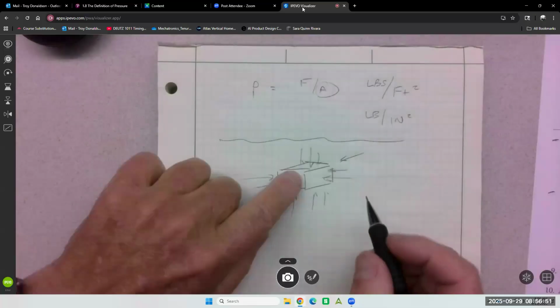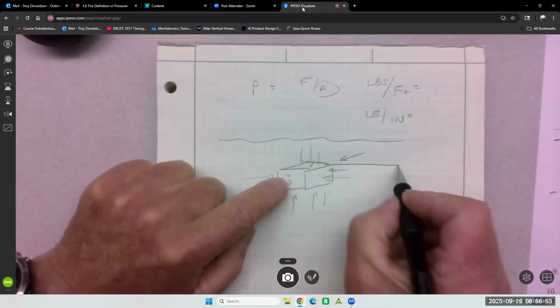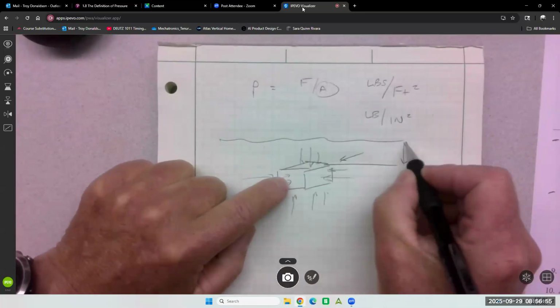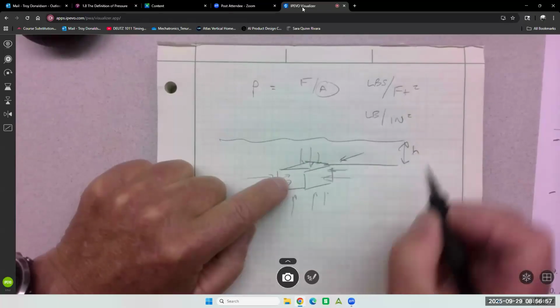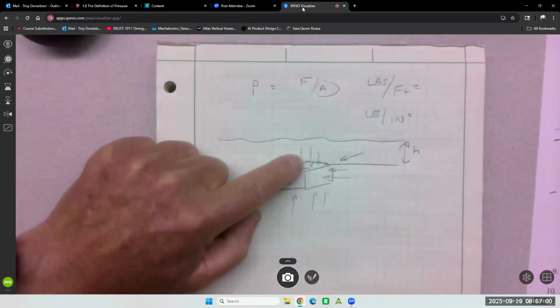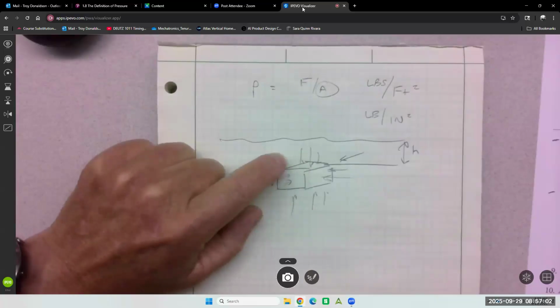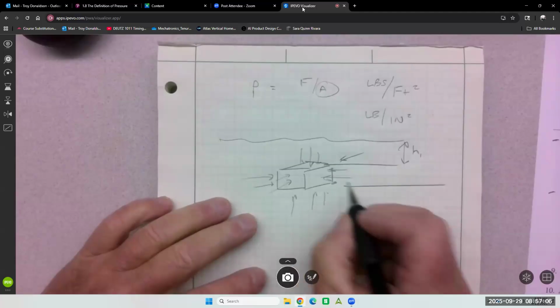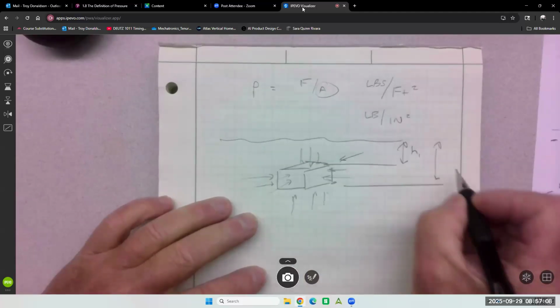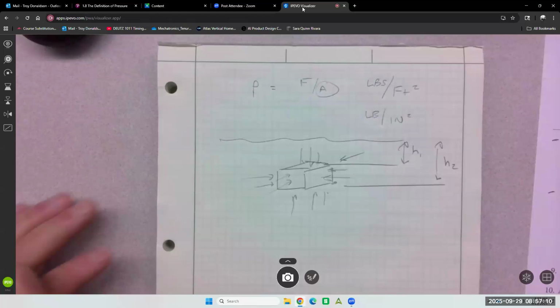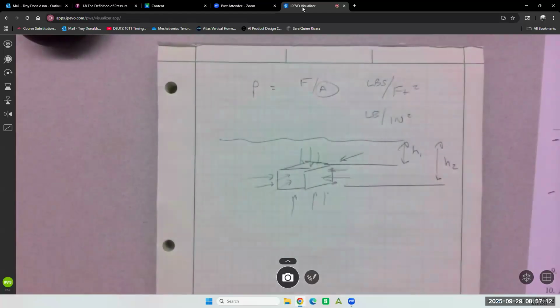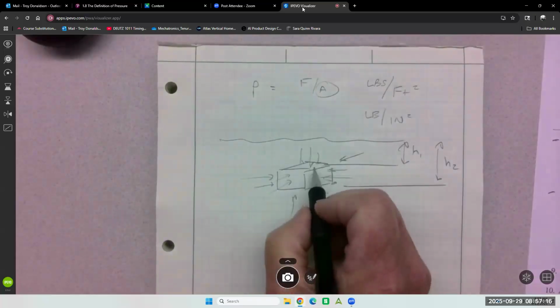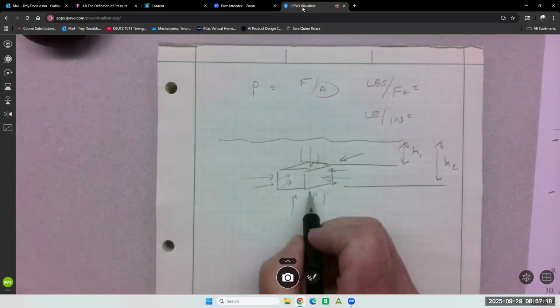So the pressure here at the top surface has everything to do with this elevation underwater, right? So I'll call that H1. The pressure at the bottom surface is different. I'll call it H2, and it's going to be greater, right? So the pressure here, smaller, the pressure here, greater.